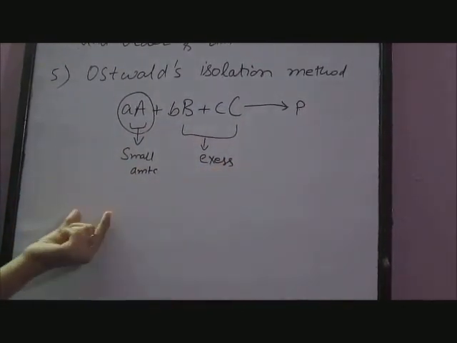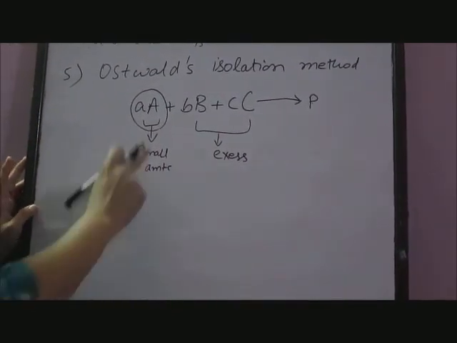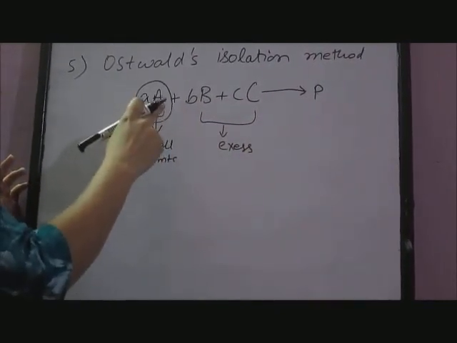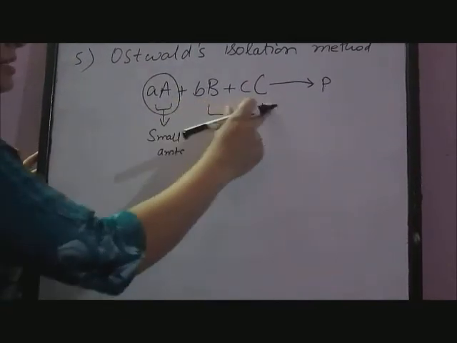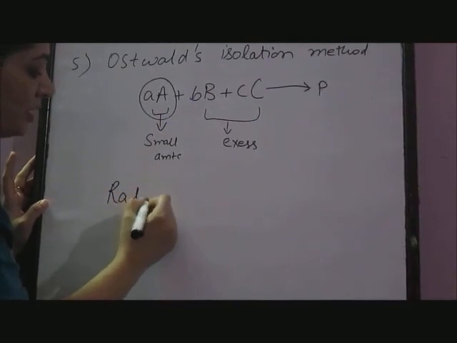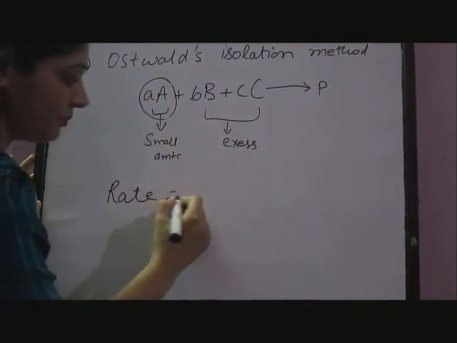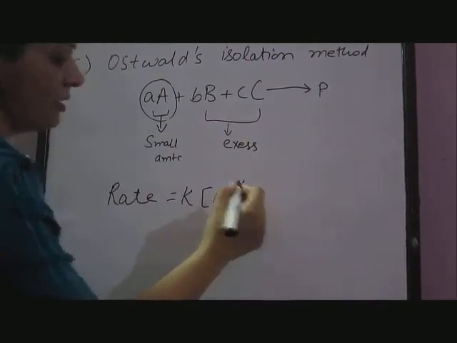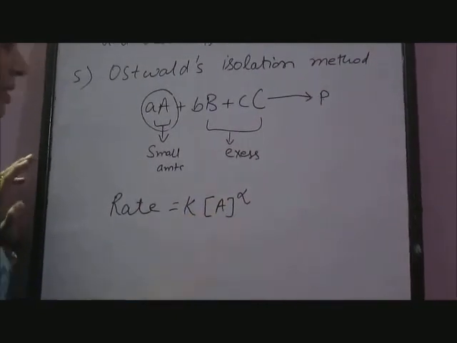So we can calculate the rate of this reaction by considering alpha, beta and gamma as the orders with respect to A, B and C. If B and C are in large excess, then rate depends only upon the concentration term A raised to power alpha, where alpha is the order with respect to A.